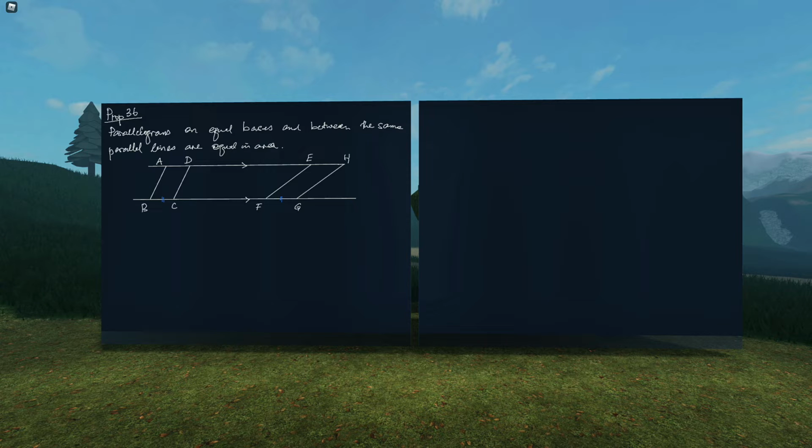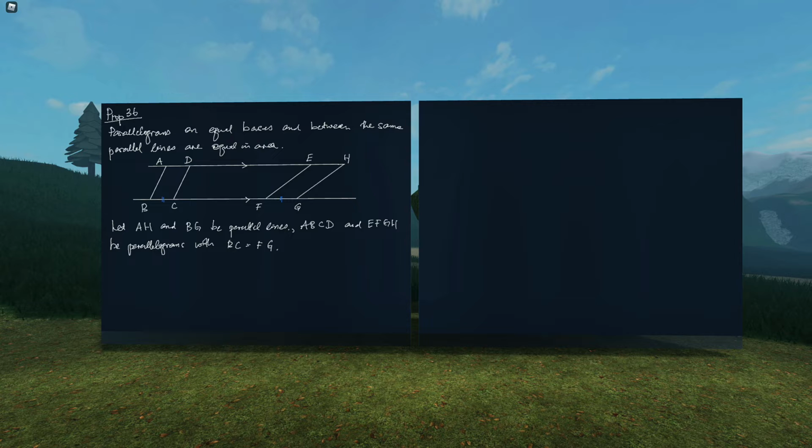Let AH and BG be parallel lines, and ABCD and EFGH be parallelograms with the side that's on the same line equal, so BC equal to FG.